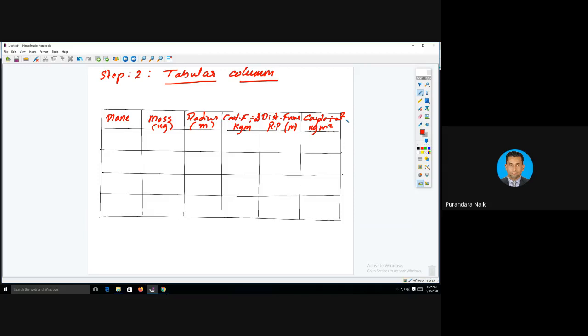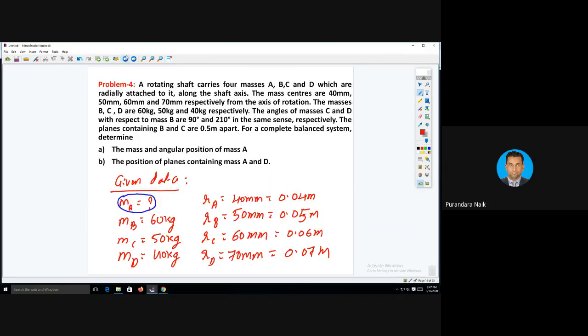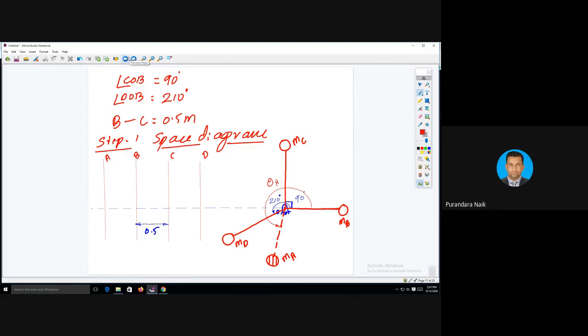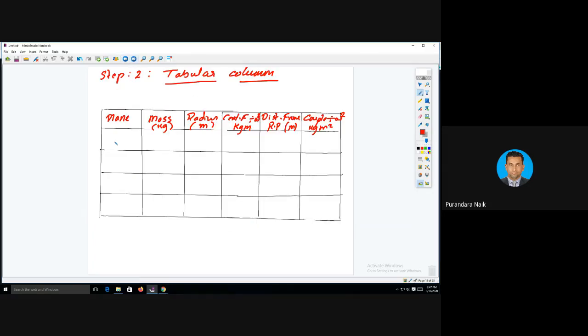The next one, we have four different planes. You see the previous slide, all four planes are in the order A, B, C, D. That's why plane A, B, C, D order. It is in the same order as in the space diagram.